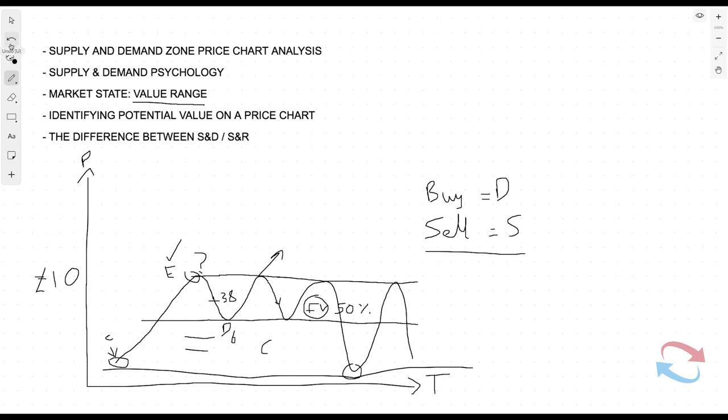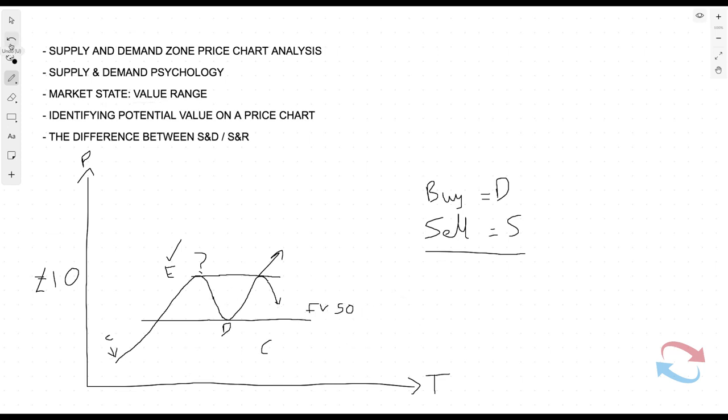So let's go back a bit, right? At this point in time, let's go here. So now let's assume that when prices actually came up here, actually let me go back a bit. Let's assume now that prices come back to this area here.